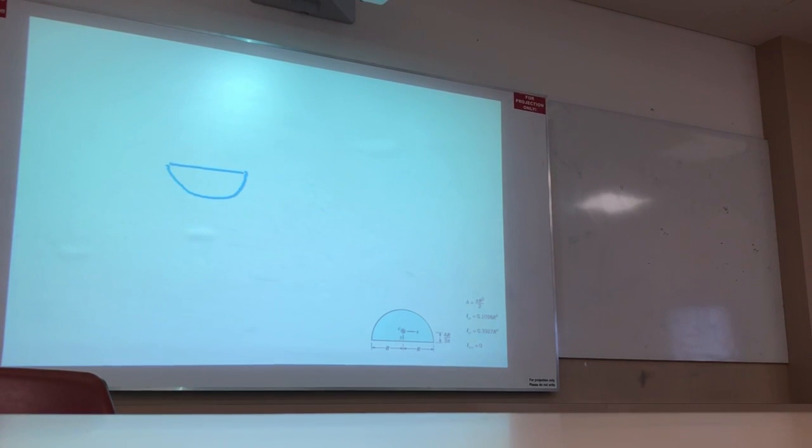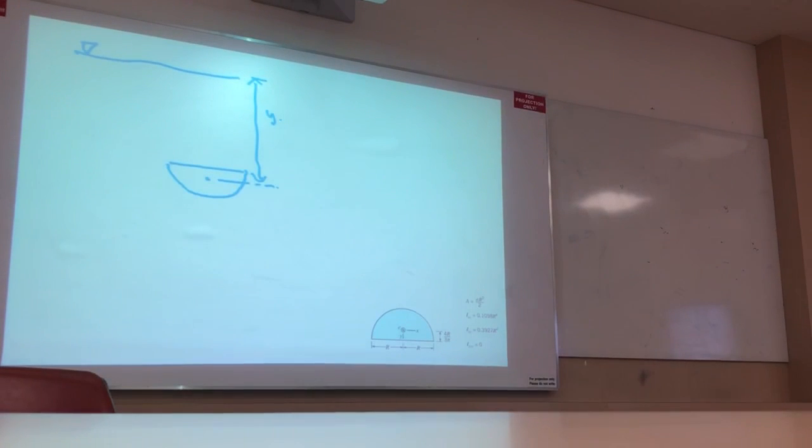Correct. This is the semicircle. This is the water surface. This indicates CG. Remember, this indicates YC2, which is equivalent to 7.273.